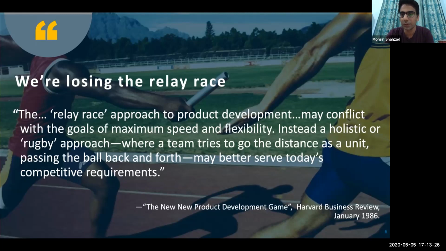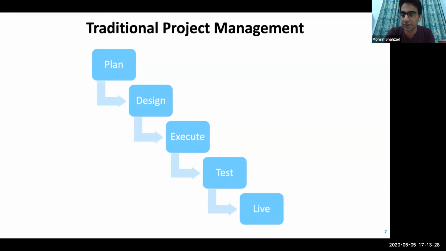So this is a traditional project management process that's very typical. Whatever you do in any project, you go for planning, then designing, then execution, then some sort of testing and quality assurance, and you go live.